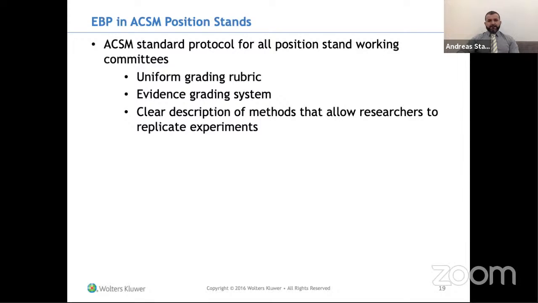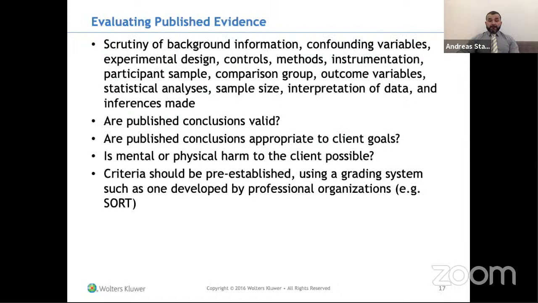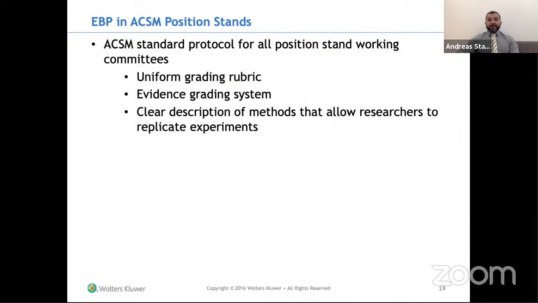ACSM, as I said, has position stands, and in order to come out with position stands, you have to do literature reviews, and sometimes you also have to do meta-analysis, and you have to use a rubric system. And as I said before, as you can see all the way down, SORT is the grading system that is mostly used by ACSM. But again, in exercise science, evidence-based practice and grading tools are not something that we have done since forever.